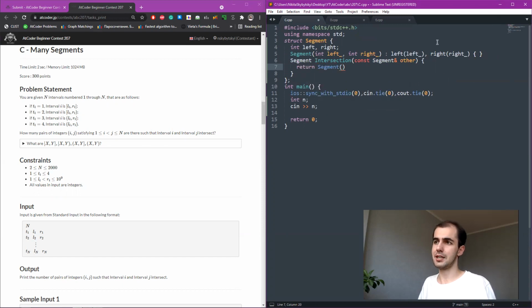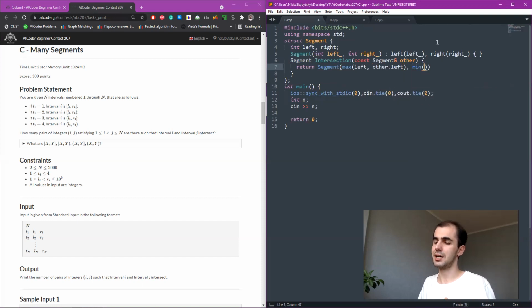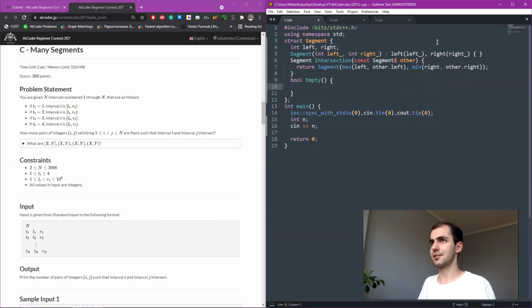Usually its left bound is the maximum of the 2 lefts, and the right bound, the right endpoint, I really should say, is the minimum of the 2 right endpoints. And I also want to know whether this segment is empty.